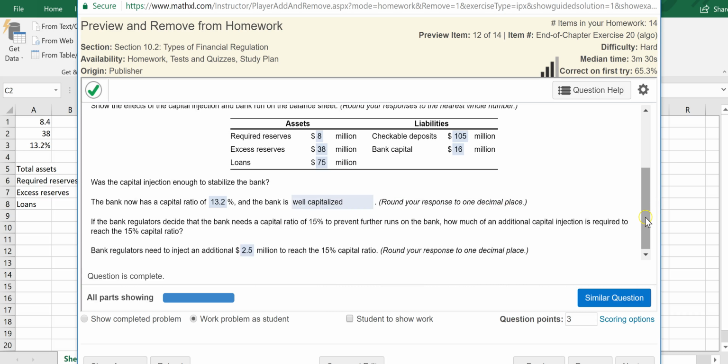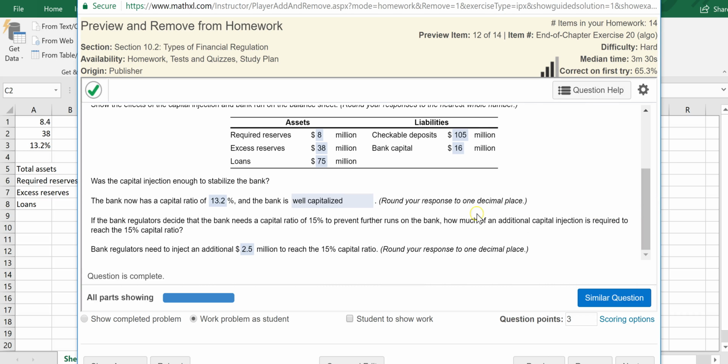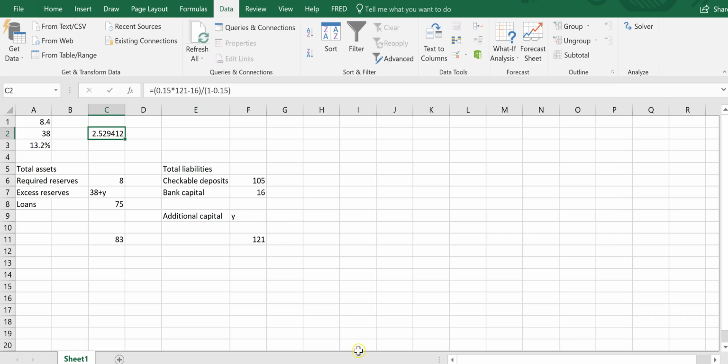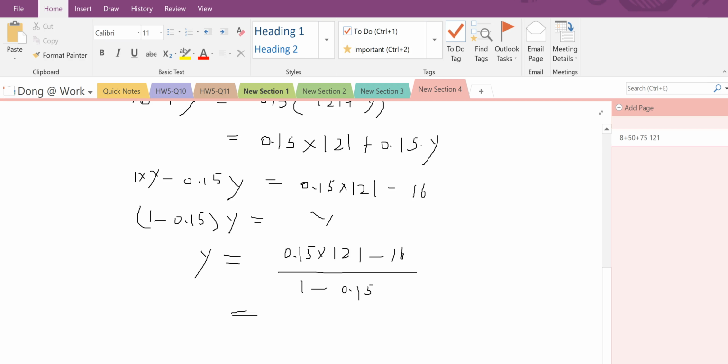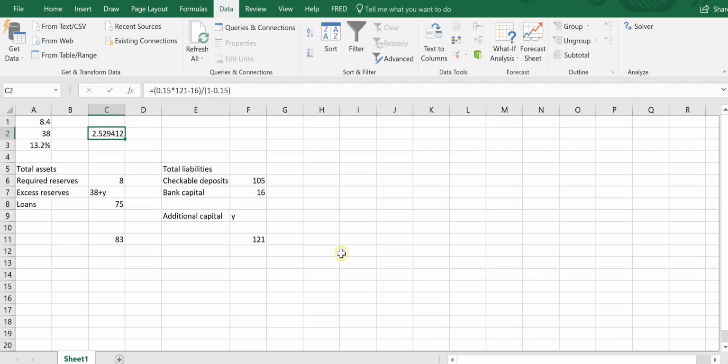So basically this question is done, but as I said, this is only one way to solve this equation using algebra. Another way, we can follow similar steps as we did earlier to solve out this y.